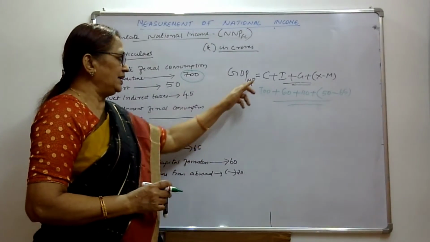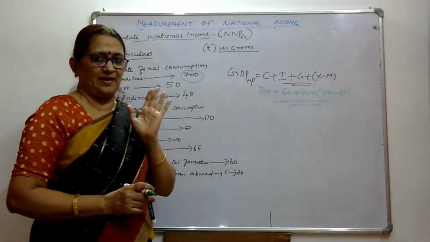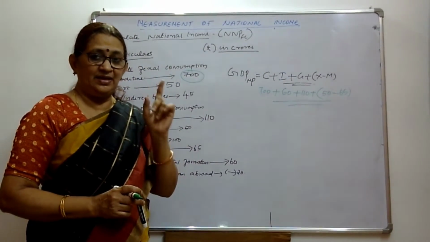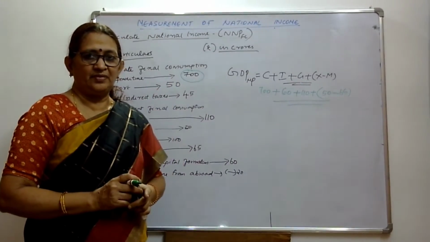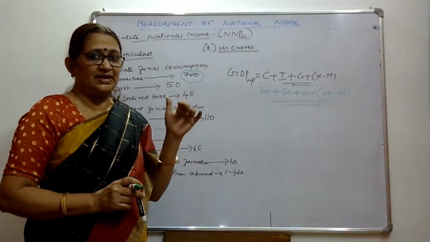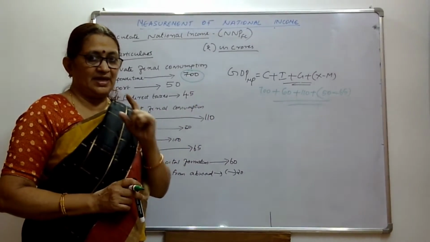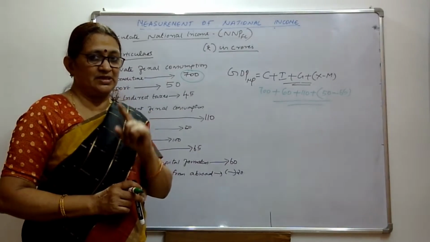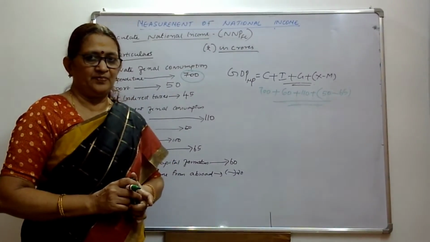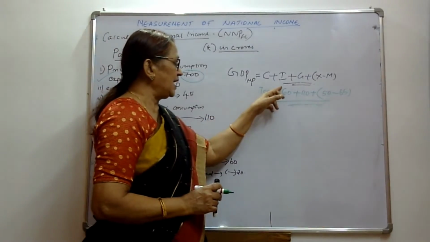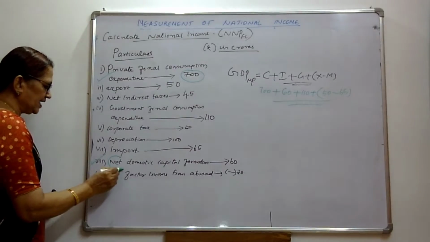So here C plus I plus G plus X minus M. In that, I will be given as gross or net, because after deducting depreciation we get the net concept. That is regarding investment, because investment is on plant and machinery, which causes depreciation. Here the net concept is given.